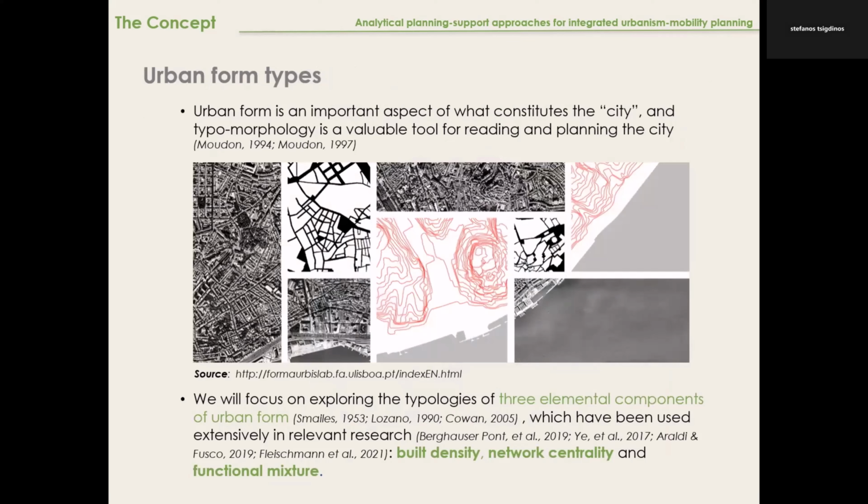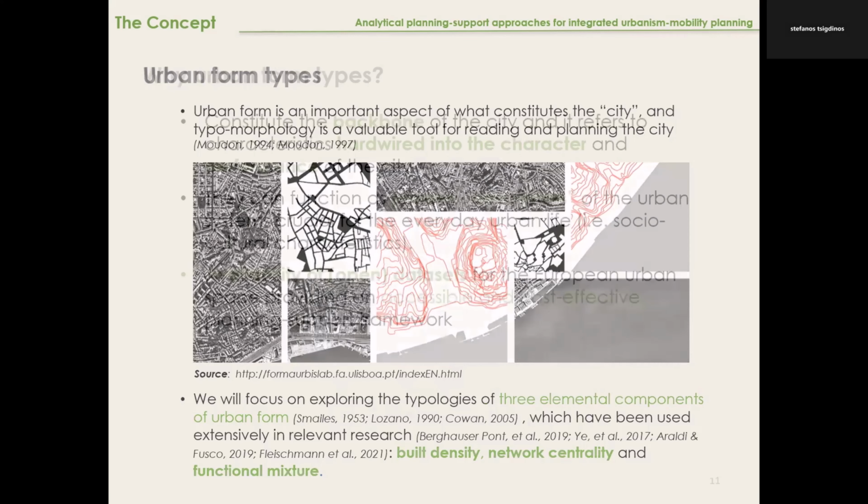So, as you probably understand, urban form is an important aspect of the city, and urban types are a valuable tool for reading and planning it. We'll focus on exploring the typologies of these three elemental components of urban form, which have been used extensively in relevant research, as already mentioned.